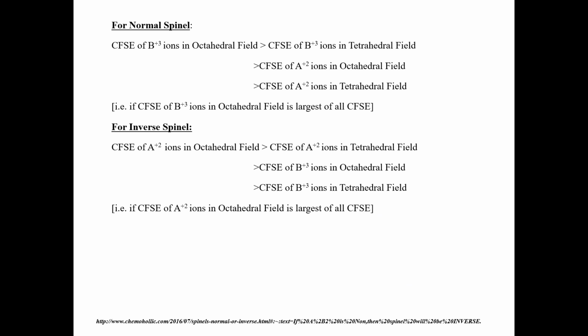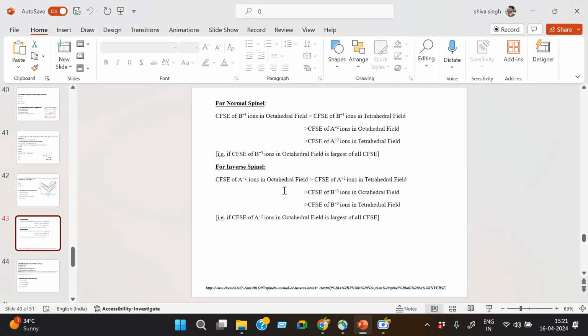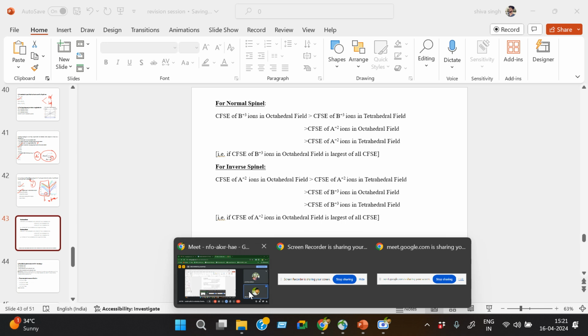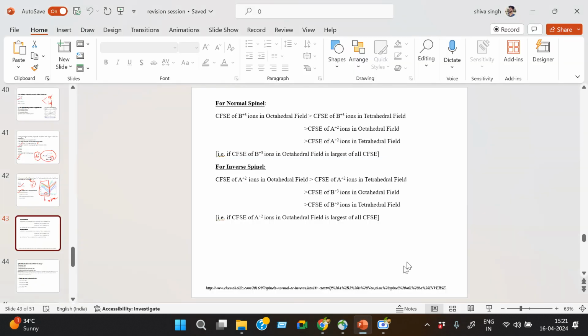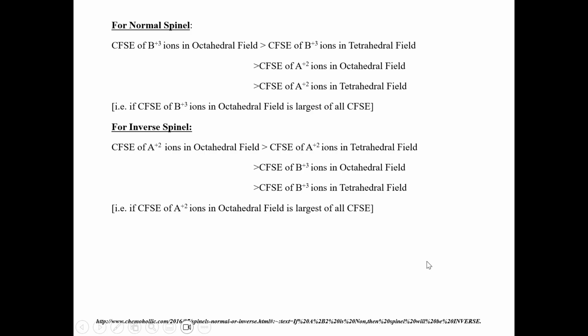Now moving forward to the spinels. How will you identify the spinels? If the crystal field stabilization energy of a tri-positive ion in an octahedral field is greater than all of the ions, it will have a normal spinel structure.